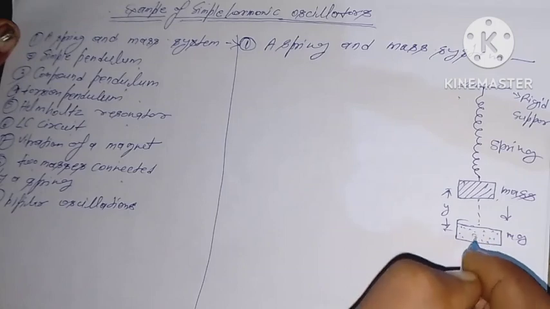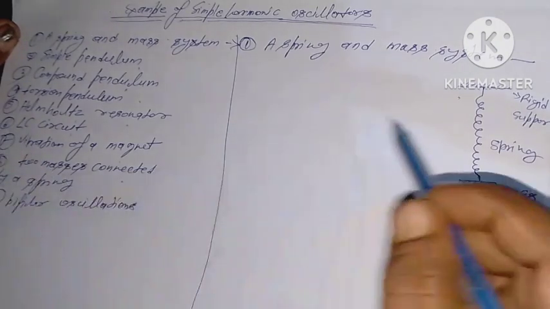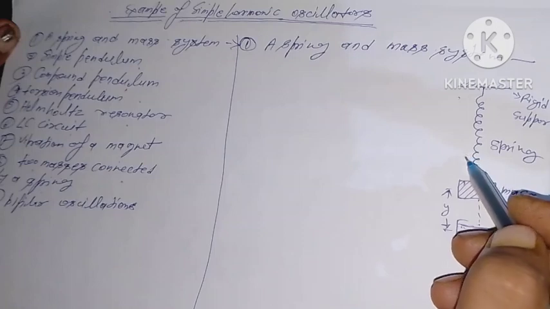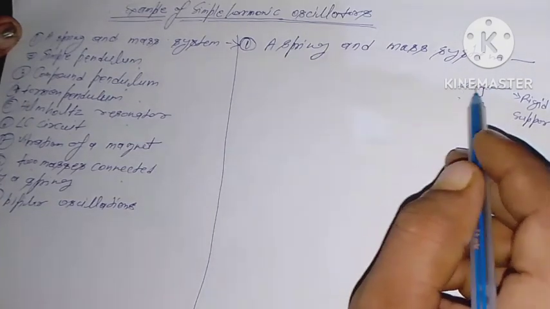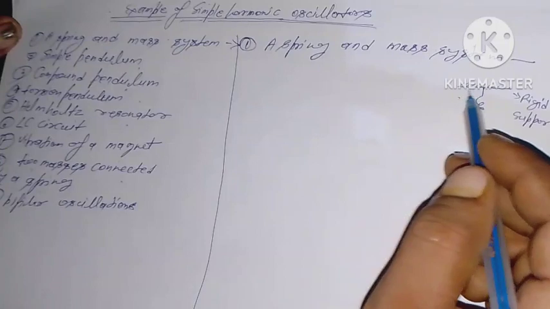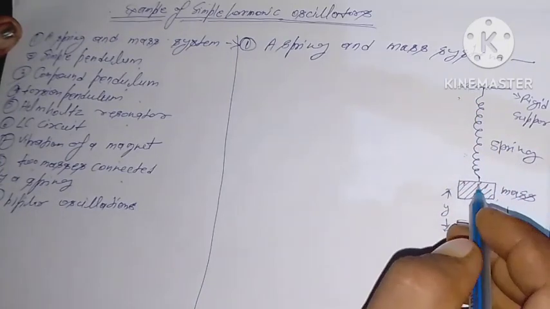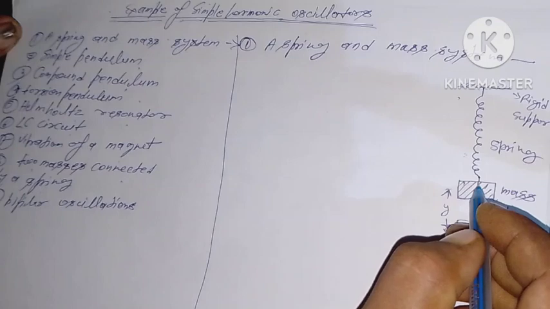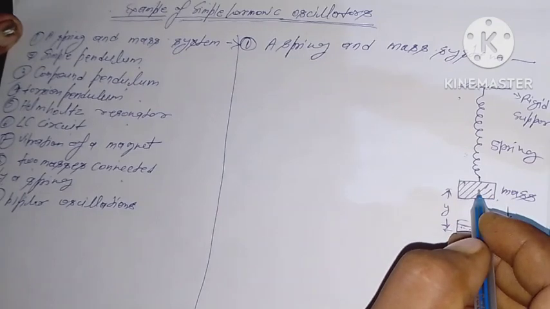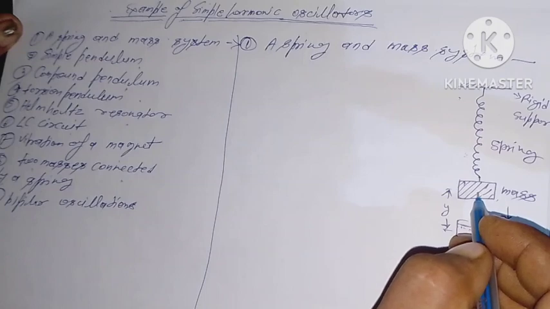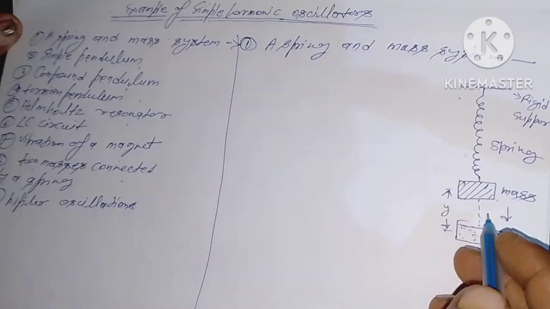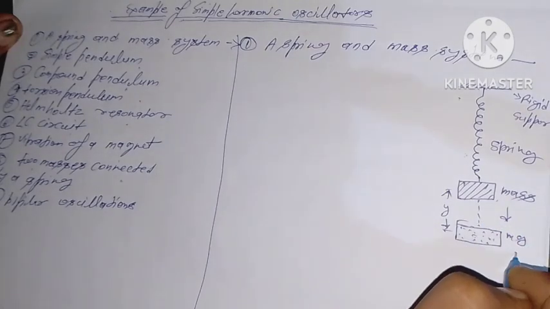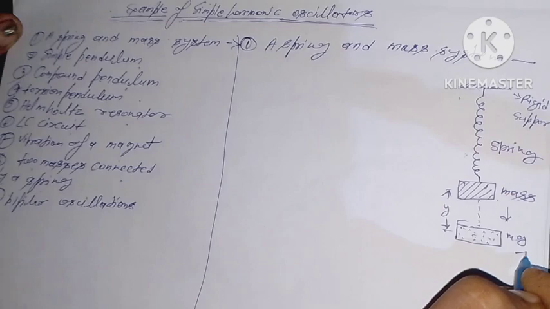Consider a simple spring whose upper end is fixed to a rigid support and whose lower end is attached to a mass M. Suppose the spring is extended through a distance L due to the weight mg of the mass.